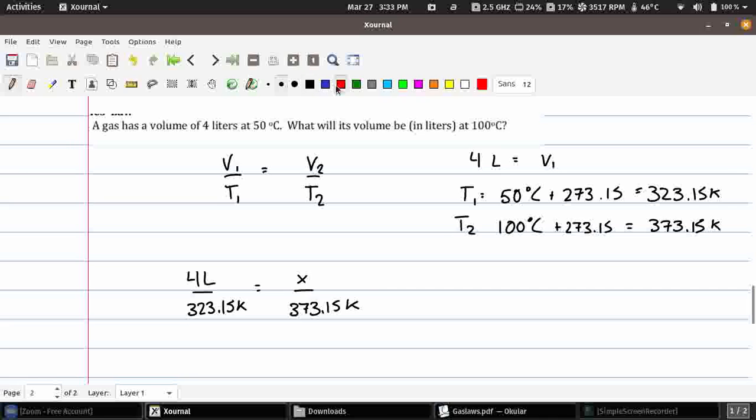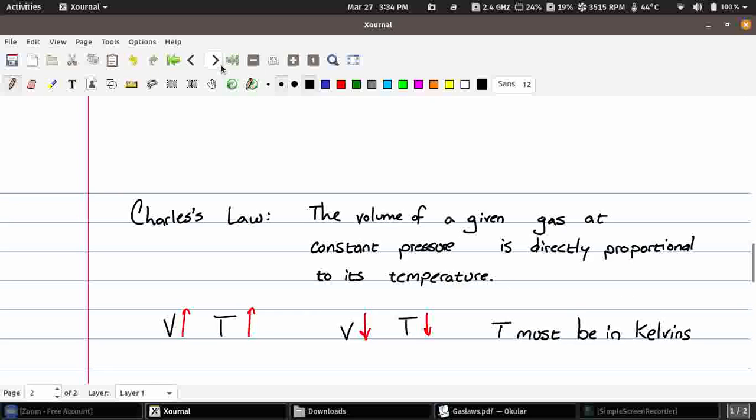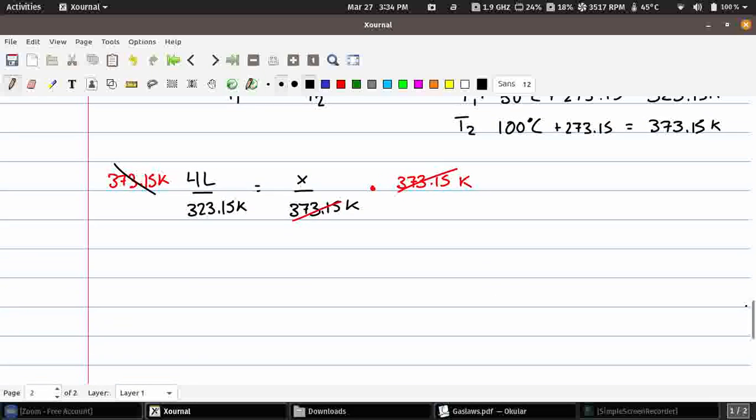Super easy to do. You can either cross multiply and divide, or you do it algebraically, because cross multiplication is not a real math function. So you would multiply 373.15 on both sides. Make sure the kelvins are in there. Okay, so it cancels the kelvins on there.